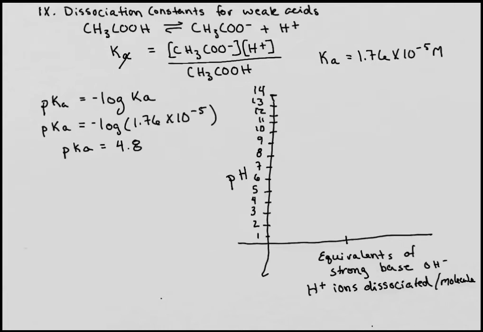As more base is added, so the more sodium hydroxide that is added, and we look at this in equivalents, we would just tend to see this as 0.5 and this as 1. And in a minute I'll explain how this also can be hydrogen ions dissociated from the weak acid.